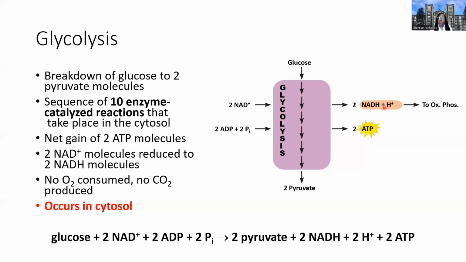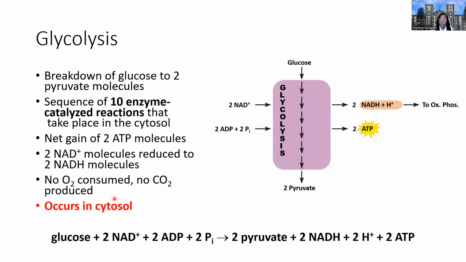And essentially, we're generating electrons that are being shuttled off to oxidative phosphorylation. So all of the electrons that we make in glycolysis and in some of the subsequent steps or stages will be sent off to the mitochondria, and they're going to play a really important part of the electron transport chain of oxidative phosphorylation that takes place in the mitochondria.